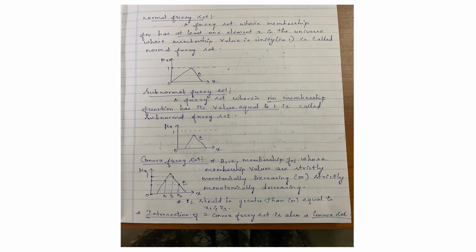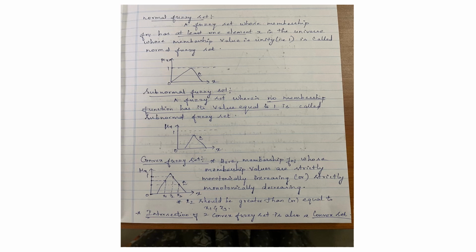In the previous example, we took capital X equal to 1, 2, 3, 4 till 7. There are 7 elements in the capital X set. At least one element of the capital X should meet the membership value equal to 1. In the previous example, the number 3 meets that condition, so its mu A value will be 1.